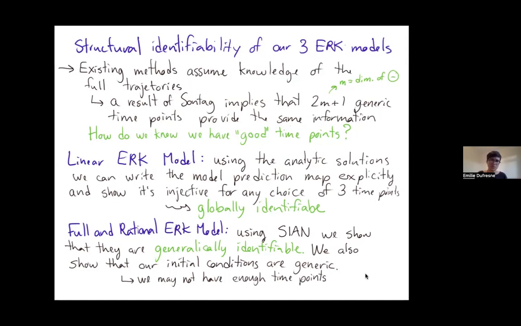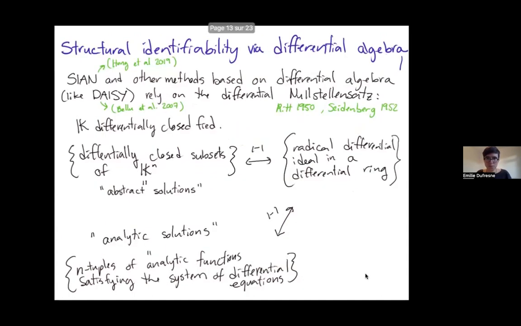I think Daniel was saying that you've had a few talks about identifiability and differential algebra. So I will still come back and mention how it comes in, and I guess why I'm speaking in this seminar. There are various methods, as I said, and a couple of methods that are based on differential algebra.